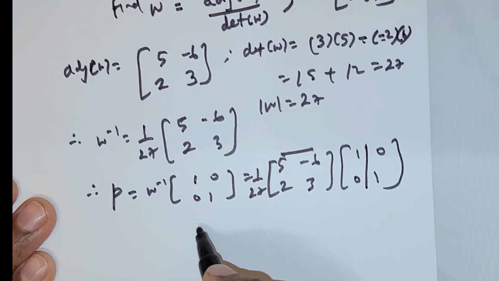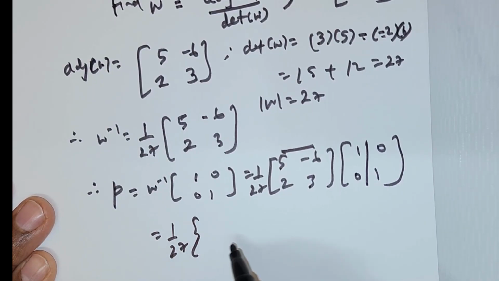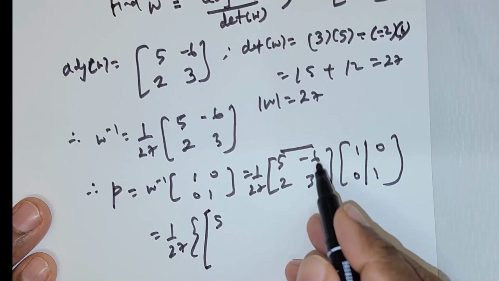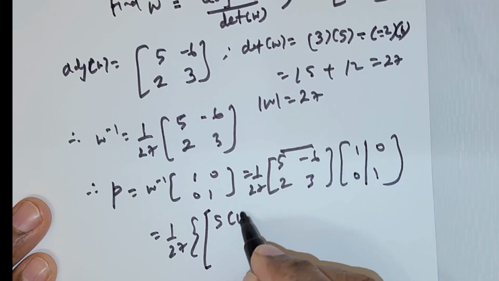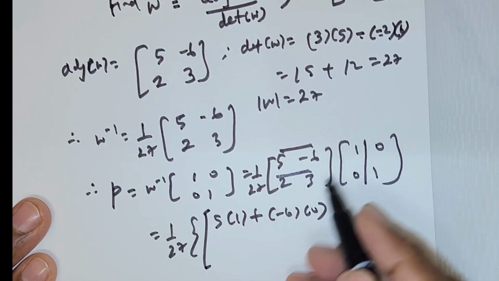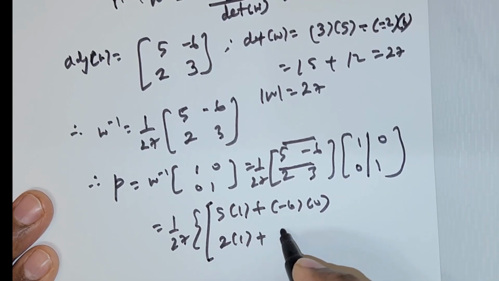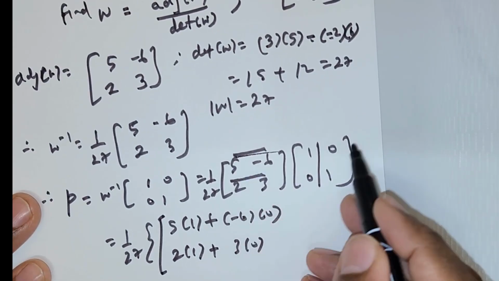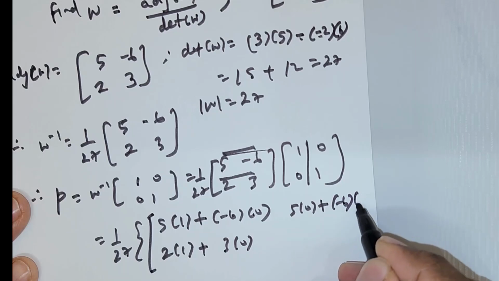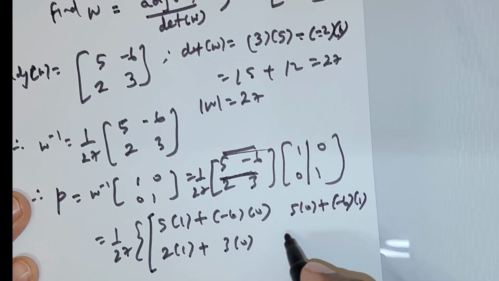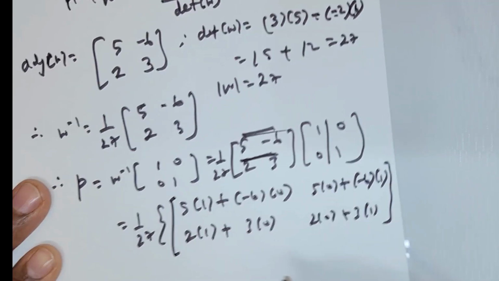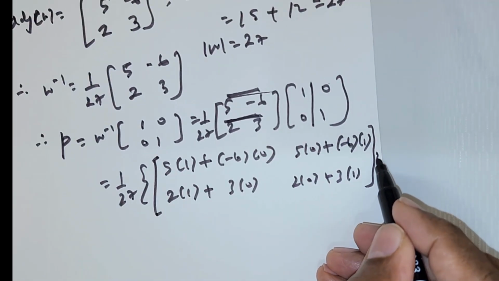Row multiplied with column, so 1 over 27 is retained. So this is going to be 5 times 1 plus negative 6 times 0. Row multiplied with column, 2 times 1 plus 3 times 0. Row multiplied with column, 5 times 0 plus negative 6 times 1. Row multiplied with column, 2 times 0 plus 3 times 1.